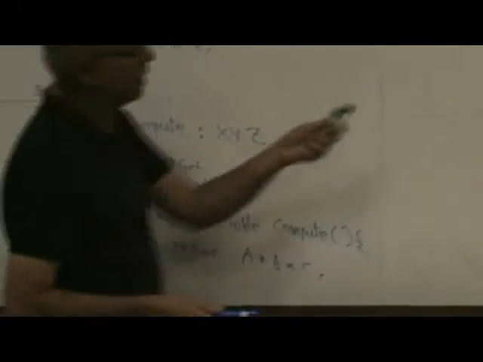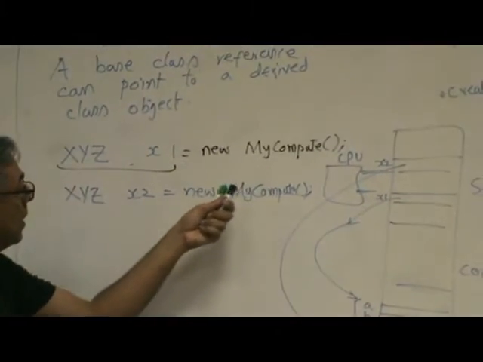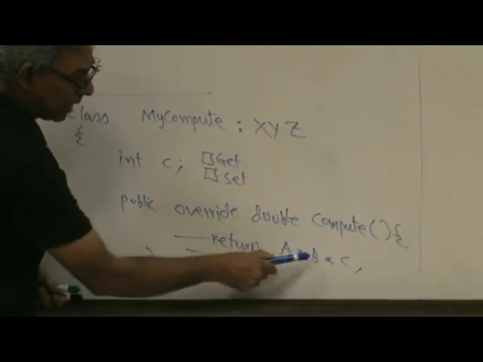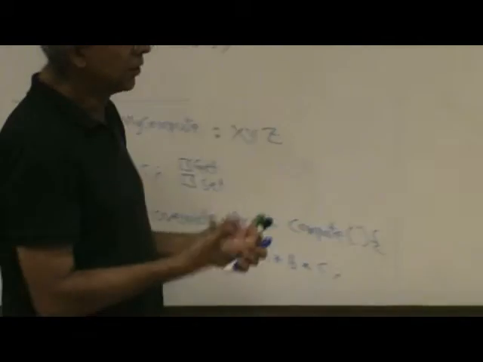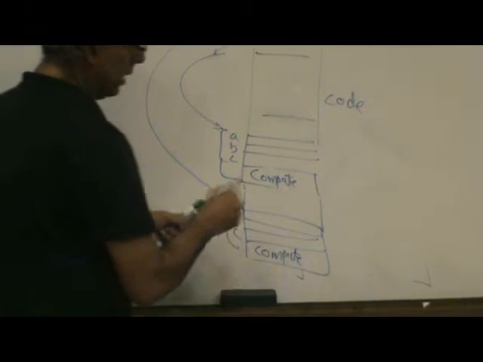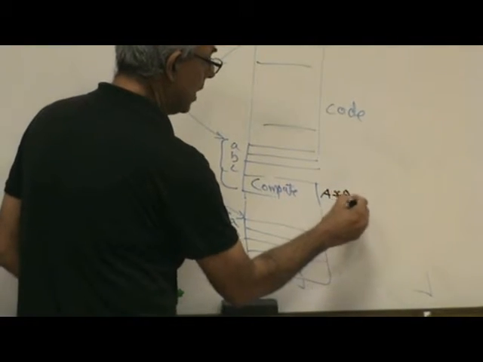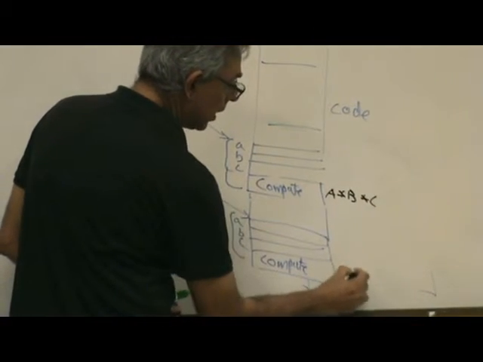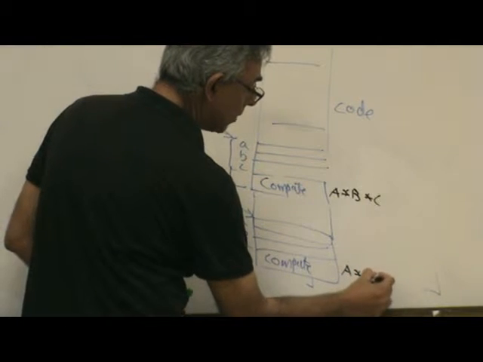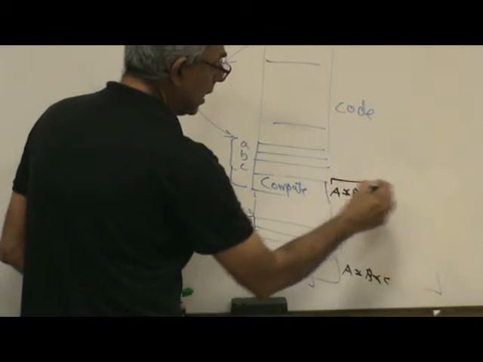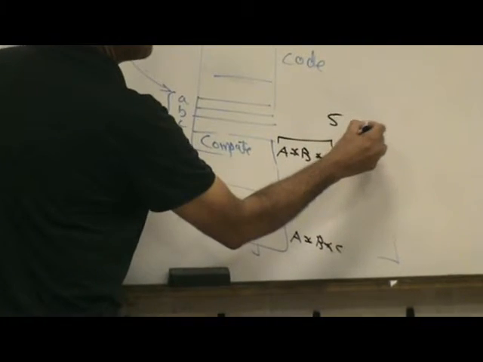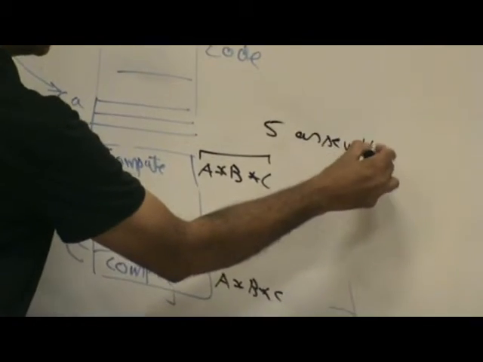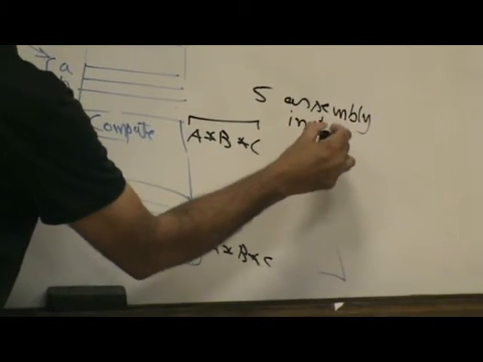Isn't it because we allocated memory for my compute class? The code for the compute method is A times B times C. So whatever the assembly language equivalent of A times B times C is over here, it will also be the same over here. Let's pretend it got expanded to 5 assembly language instructions once we compiled it.